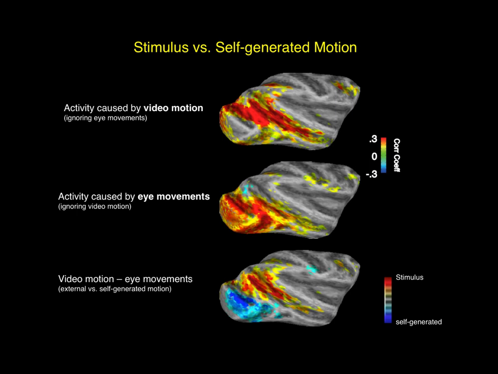They're saying, I know that I caused that, so I'm going to remove it from my calculations. And from that point on, for the most part, the rest of the brain is just caring about what's going on in the world around you. So this is evidence that maybe the brain is using efference copy or corollary discharge to account for the reafferent motion that's coming in through your retina at all times.